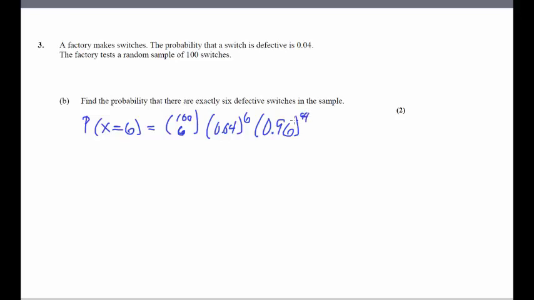Again, a reminder that these two exponents should add up to the number of trials, or the number of switches that you have. And again, we work that out on our calculator.